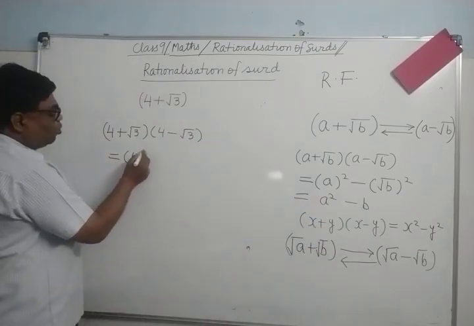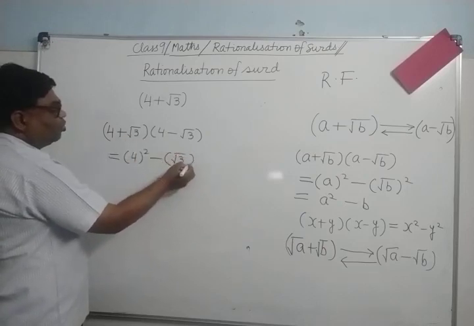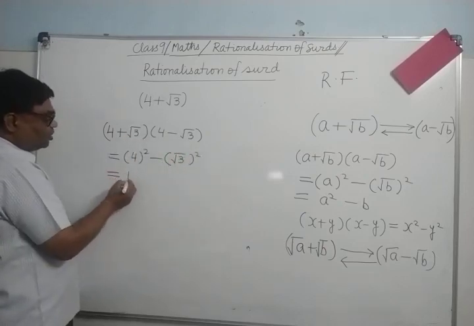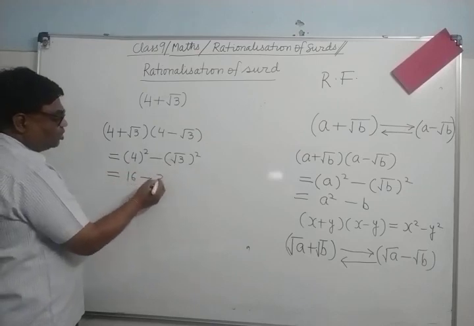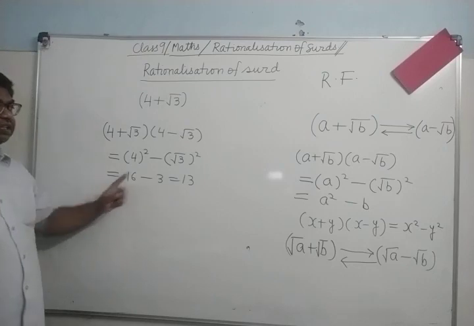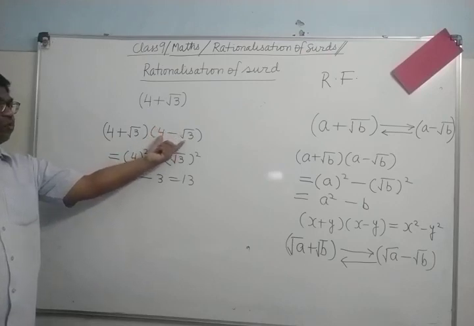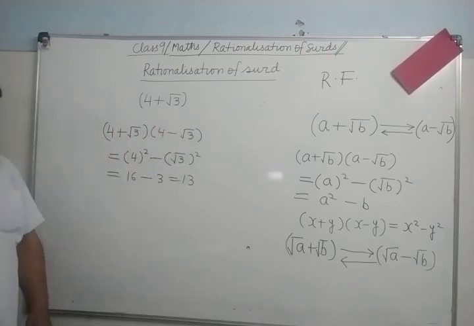It is 4 whole square. In place of y, root 3 whole square. 4 whole square is 16. Root 3 whole square is 3. That is equal to 13. Means the product is a rational number. Means the RF of 4 plus root 3 is this, and RF of 4 minus root 3 is 4 plus root 3.